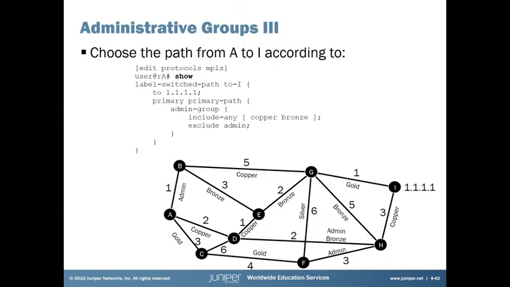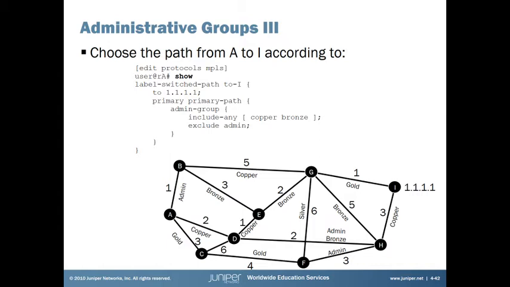So really, I'm going from A across to D because that is copper. I could go up to E, or I could go across to H, because there's a copper up to E and there's a bronze over to H. Okay, so either of those paths are fine.